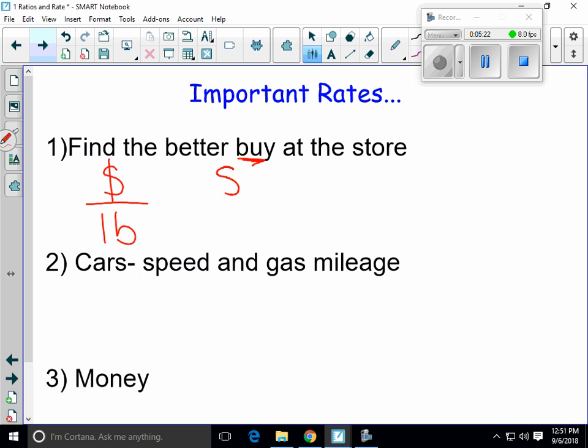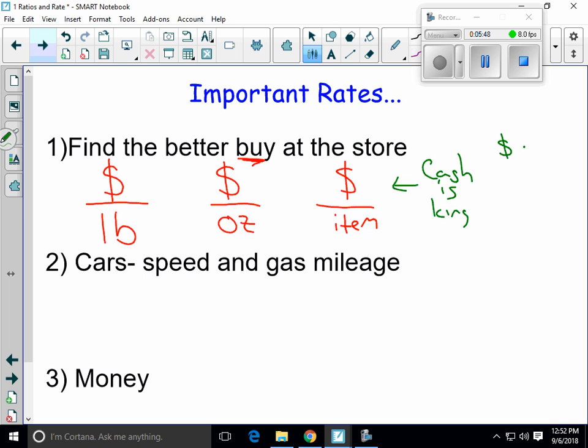You'll see some things sold by the ounce, dollars per ounce. And some things are just sold by the item, how much for the item. But notice in all three of those examples, the money is in the numerator. A lot of times we'll say cash is king. What that means is, most of the time, money is the numerator.